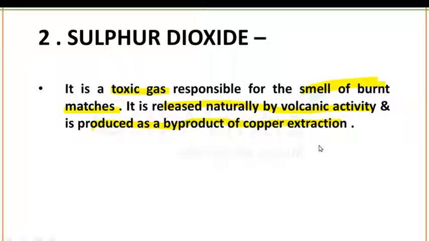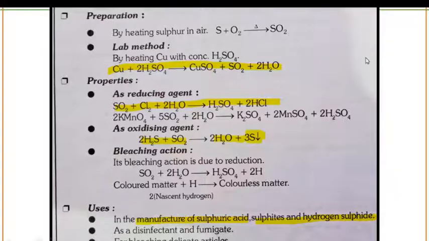If you talk about the structure of SO2, SO2 is a bent molecule with a symmetrical point group. Now the preparation method for the production of sulfur dioxide.